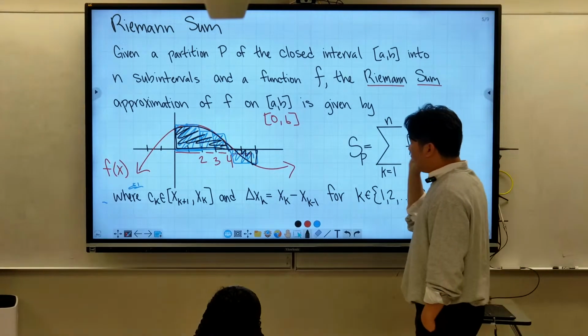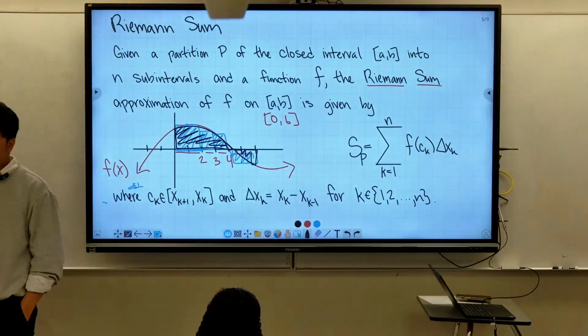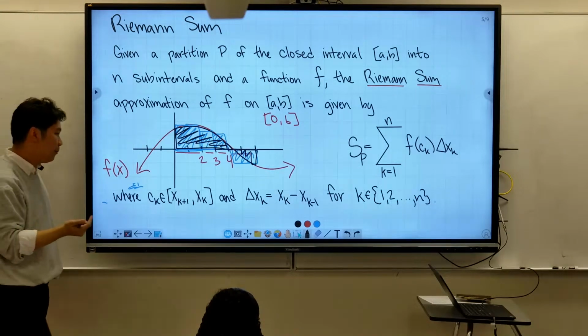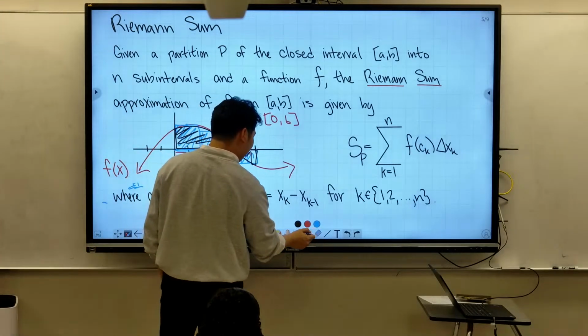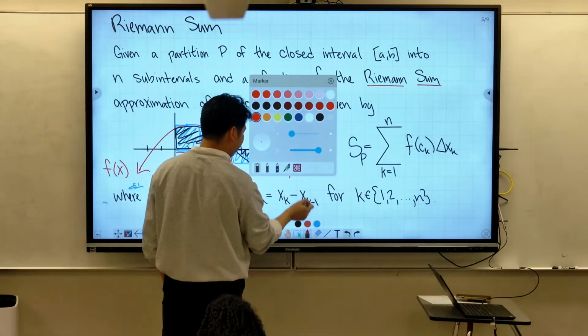Well, this one was a little bit inaccurate. How could I improve my estimate with these boxes? Yeah, because if I have smaller boxes, then I have less empty space, for example. Like, for example, what color haven't I used?